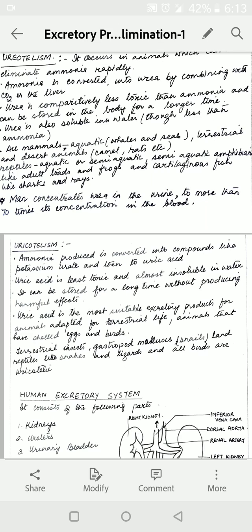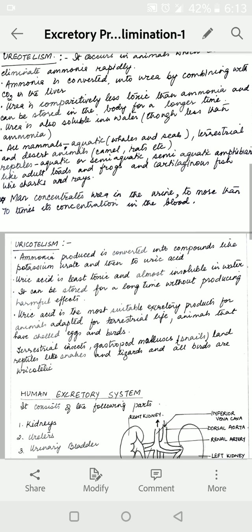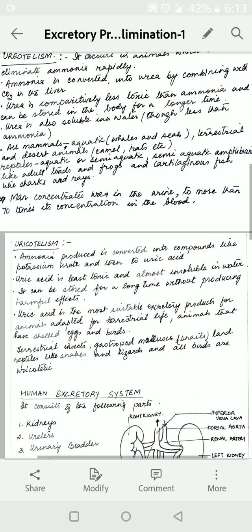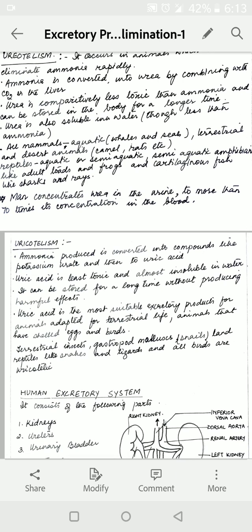We have often noticed that in bird droppings, the white matter is the uric acid, whereas the other grayish blackish solid matter is the fecal matter. And uric acid concentration is so high in bird droppings that uric acid is also removed from them for commercial use. So this was about the 3 excretory mechanisms that are found in animals.